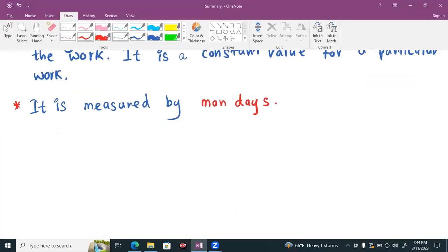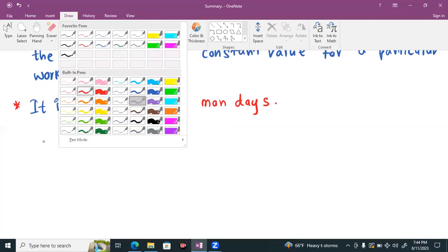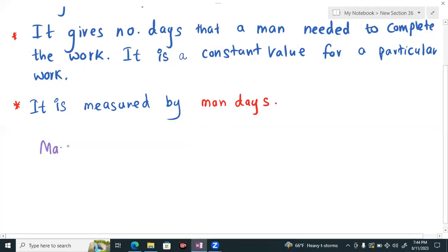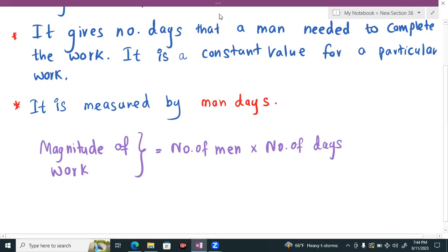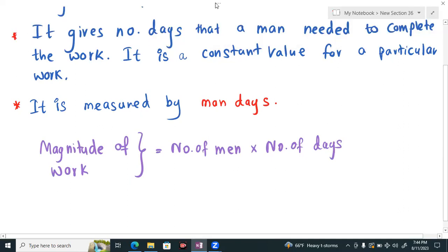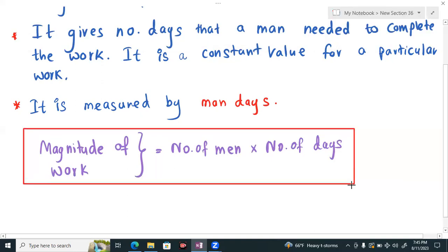I gave it last week, but it doesn't matter, let's write it. The magnitude of a work is calculated by number of men into number of days. Write this down also.